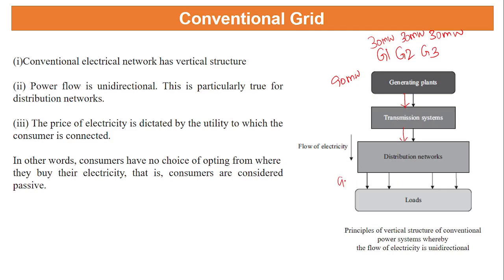The total 90 megawatt is split among all the users, for domestic, commercial and industrial purposes. So here the information flows in one direction only. If we are talking about the smart grid, the information passes bidirectionally. So what consumption is going on, and how I can reduce the cost of the generating plant, all that information will be available with the smart grid.